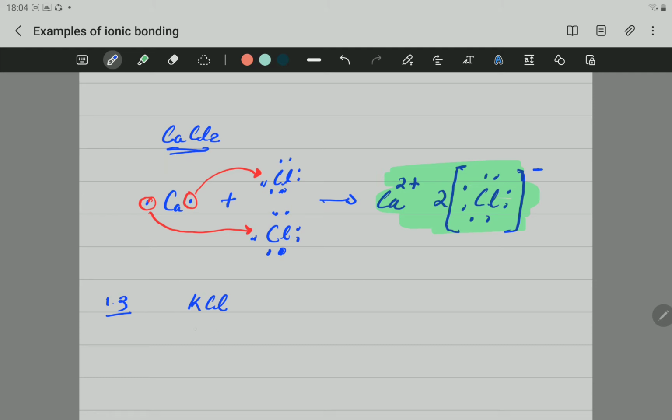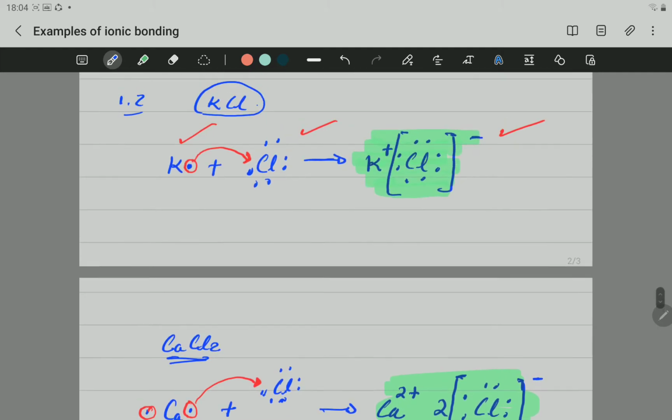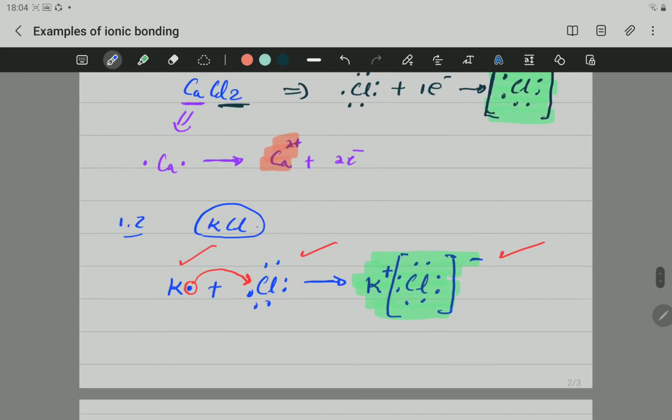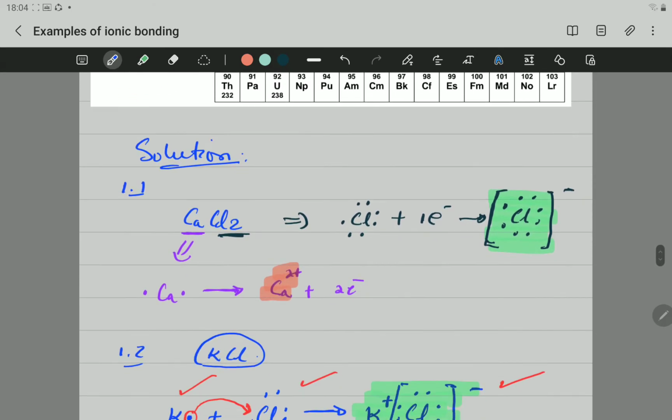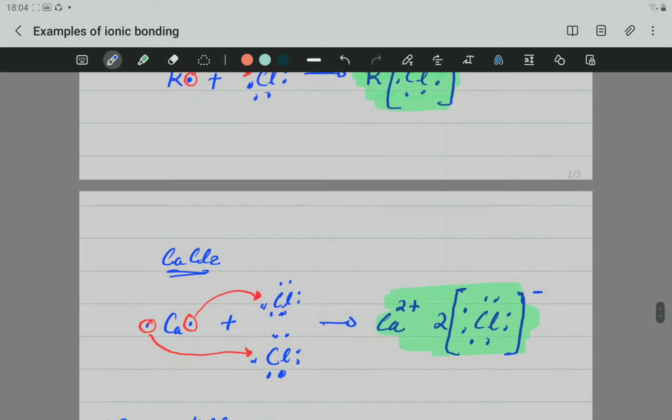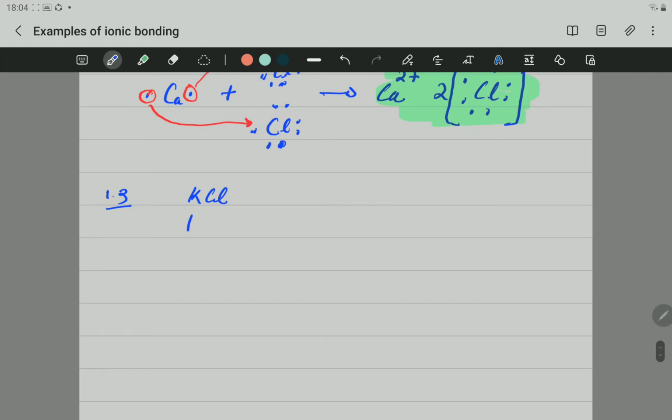Okay, the first ion is K plus. You even have it represented here in the first one. There is the K plus, and K plus is called potassium. Potassium ion.